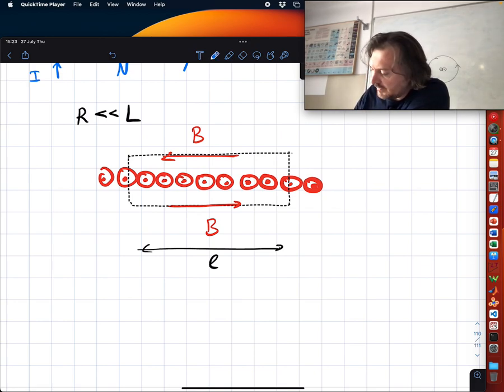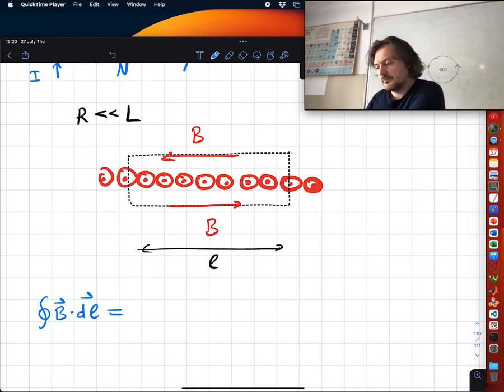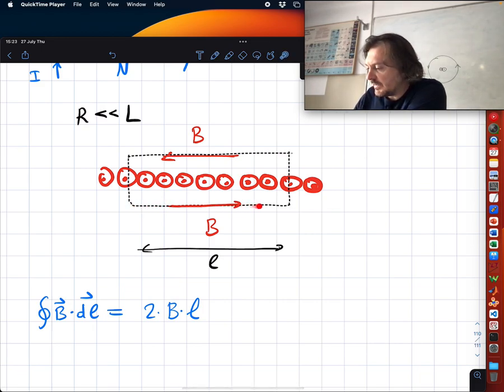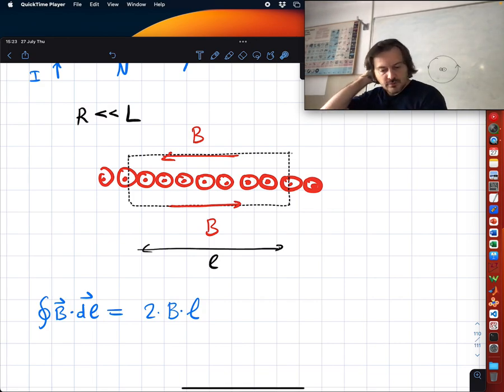The B dot dl integral. 2 times BL. 2 times B times L. Does everyone agree with this? Because as I'm going this direction, it's B times L. Then I assume that the magnetic field is in this direction, so it's perpendicular to this one. Then it's B times another B times L over here, so 2BL, right?